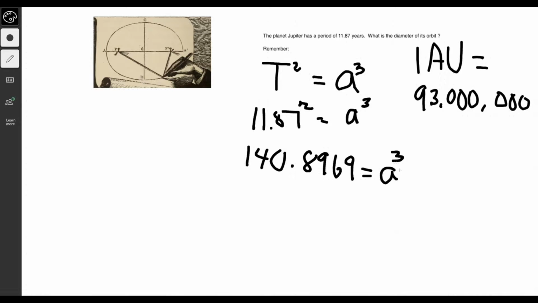We've got to get rid of that cube and solve for the semi-major axis. To get rid of the cube, we're going to take the cube root of that value. So we plug in this number, which is already sitting in our calculator, and take the cube root. That gives us the number of astronomical units that Jupiter is from the sun.